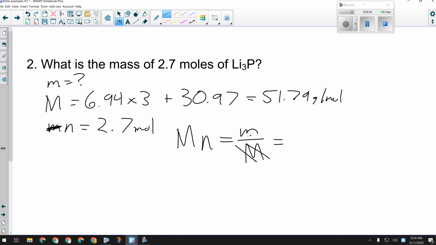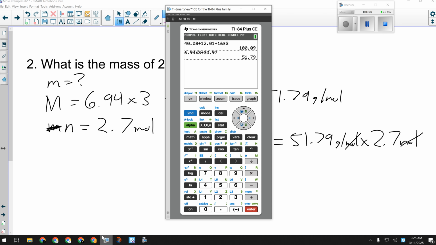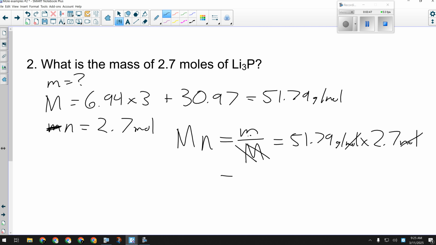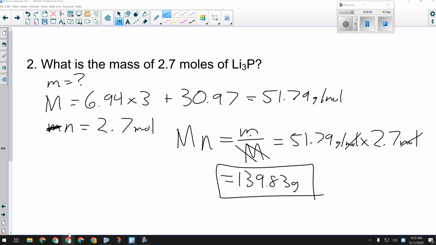Plug in our numbers: 51.79 grams per mole times 2.7 moles. The moles are going to cancel, and I'm going to be left with grams. That's going to be 139.83 grams. Questions on that one?